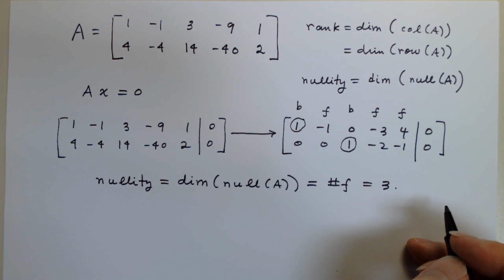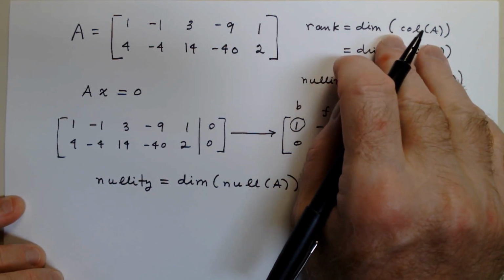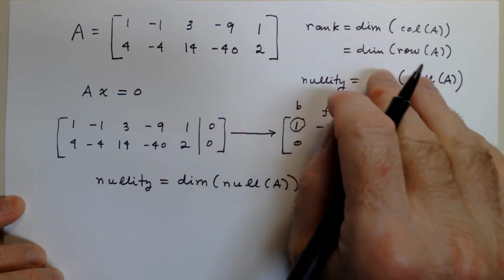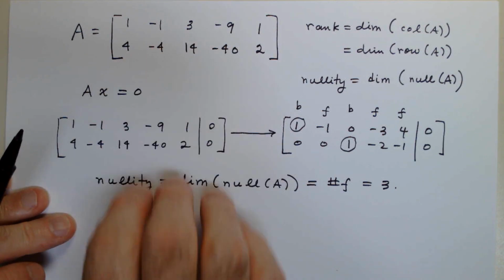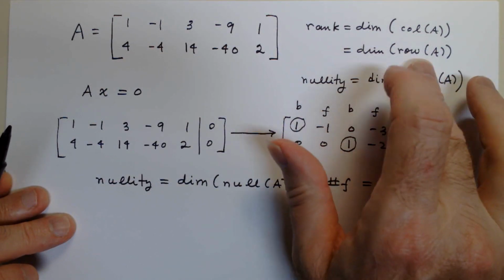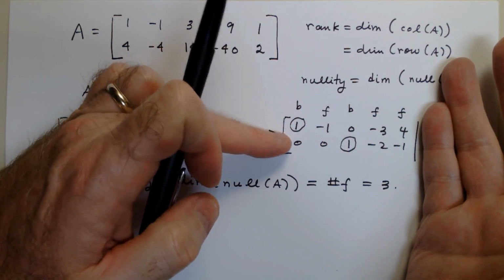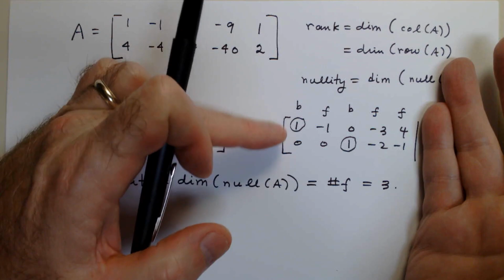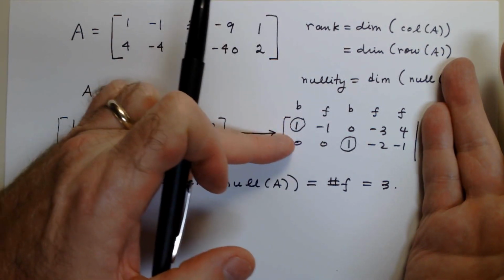Okay, now let's think about how we would find the rank, which is either the dimension of the column space or the dimension of the row space. What we would do is take the matrix A and row reduce it, and one way to think about the dimension of the row space is just to grab the two vectors that remain here, right? We're going to have two vectors, one for this row with the leading 1 and another one for this row with the leading 1.